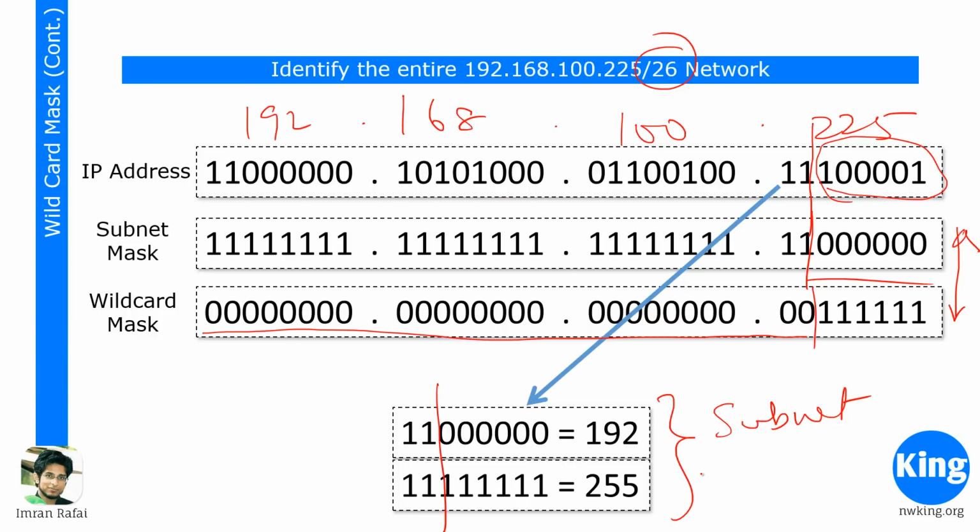You don't have to identify the whole network. In this case, like I said, the whole subnet is identified.